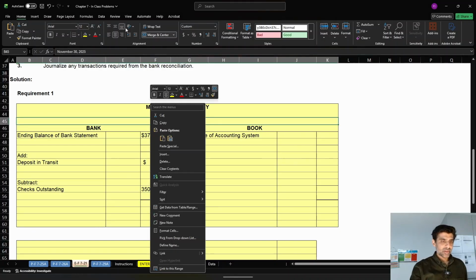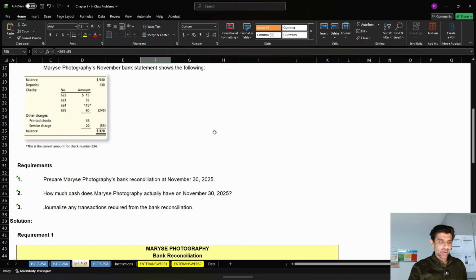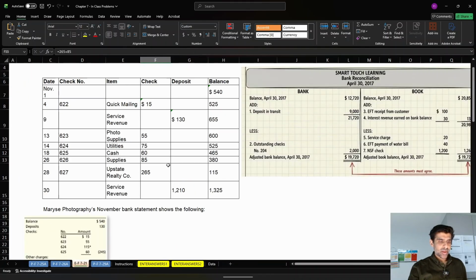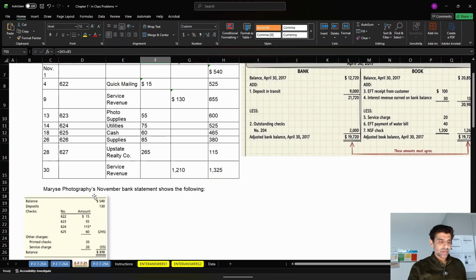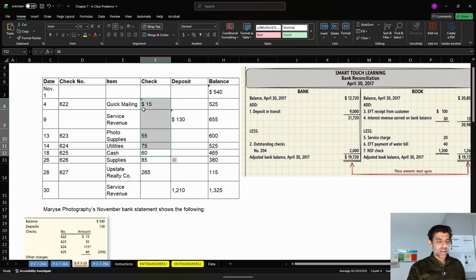Just for simplicity. And then you can say, is there anything else that's not accounted for in my accounting books or in my bank account that's in here? No, this deposit is now included, and all the checks are included because these 4 were already included, and I just did an adjustment for these 2.